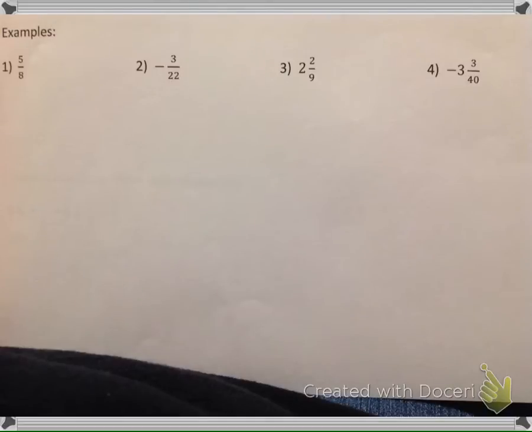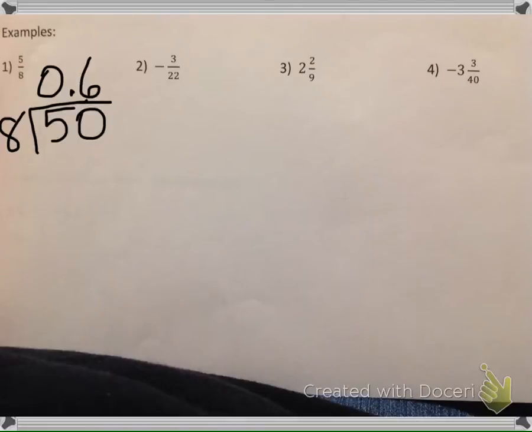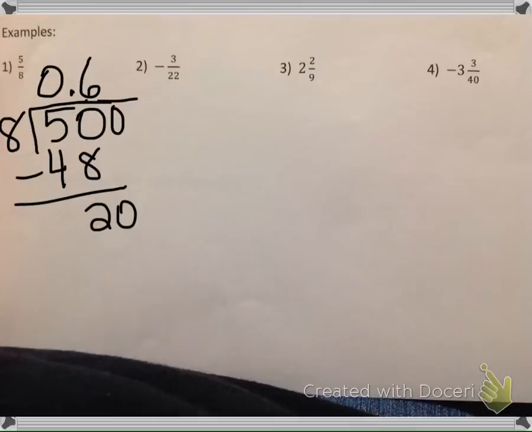So you're basically doing long division. For number 1, you're going to take the 5 and divide it by 8. I don't know how well I'm going to fit all this, but we'll see. 8 does not go into 5, so I'm going to put a 0 there and add a decimal. But 8 does go into 50 6 times. 6 times 8 is 48, and hopefully you know how to do this long division because you're going to need to know how to do it.